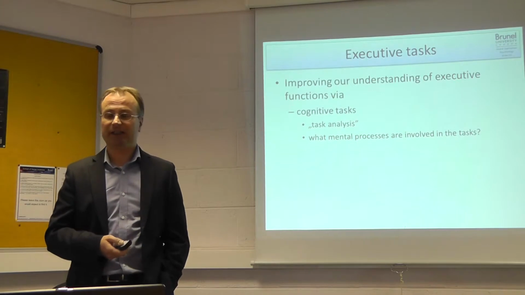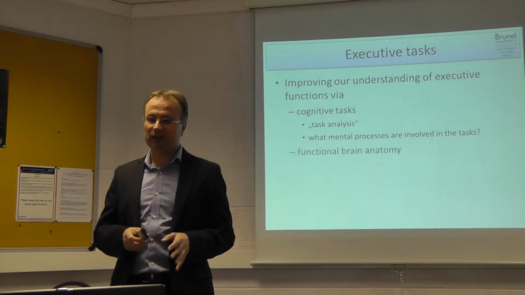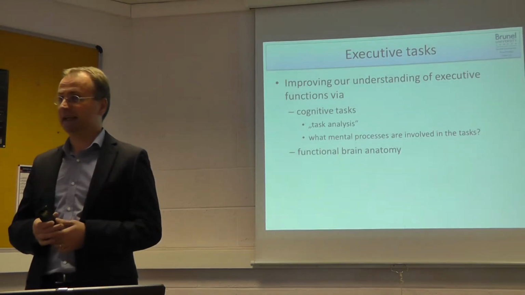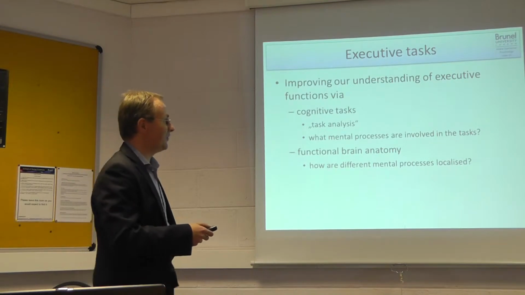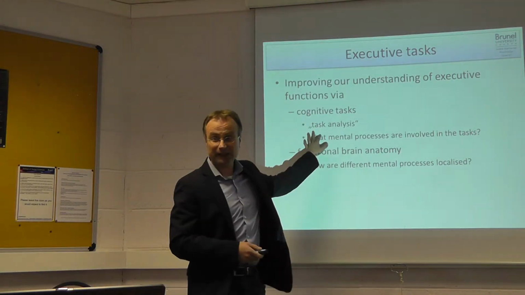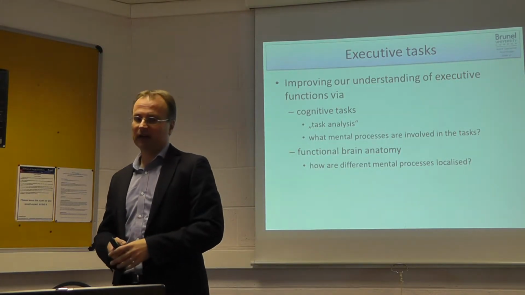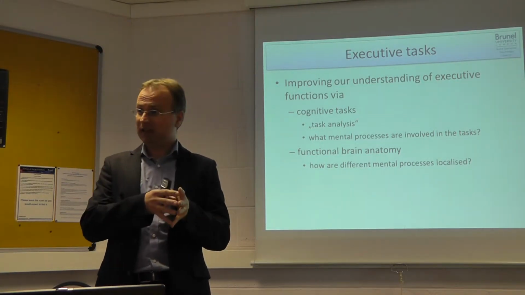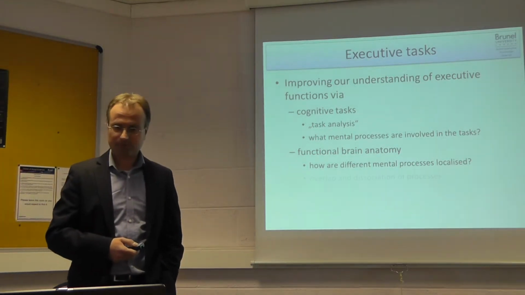So what's involved in that? Then we can come from a different area and ask about functional brain anatomy. How are the different mental processes, as we have defined them here, localized in the brain? Are they localized at the same place, at different places? Is there some coherence?